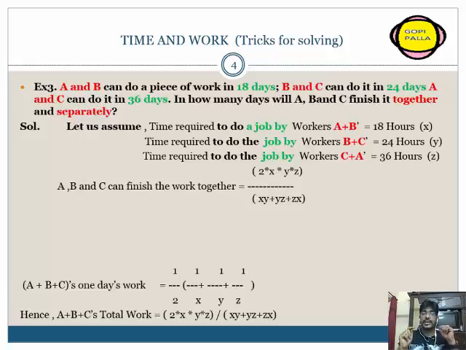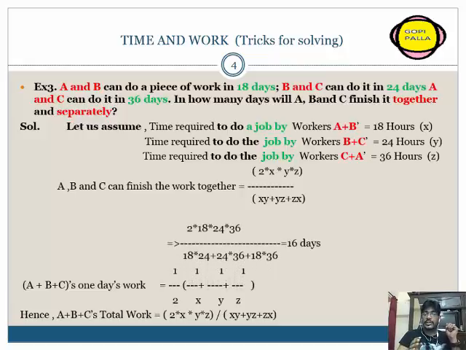Here X is 18, Y is 24 and Z is 36. After substituting the values, we get 2 into 18 into 24 into 36 divided by (18 into 24 plus 24 into 36 plus 36 into 18), which results in 16 days.